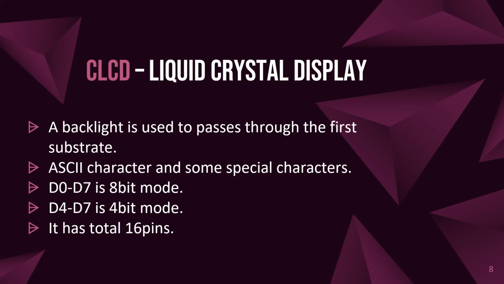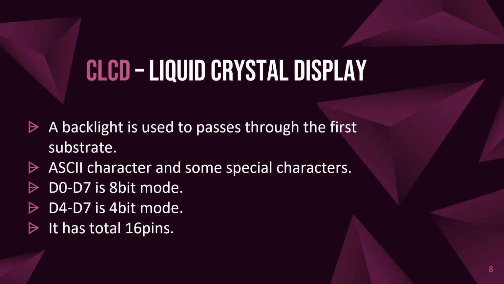If you pass current through the liquid, it will stop all the light reflecting back from the LCD. So if the current is passed, the screen will be black; if the current is not passed, the screen will be white. The reflectors are placed under this LCD, or LED backlights are used in these LCDs. LED backlight is most common.